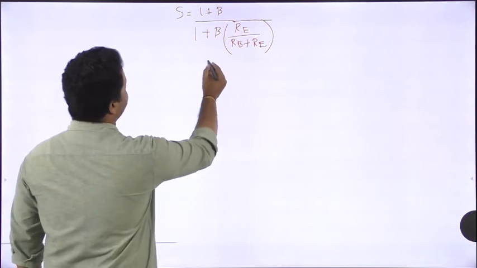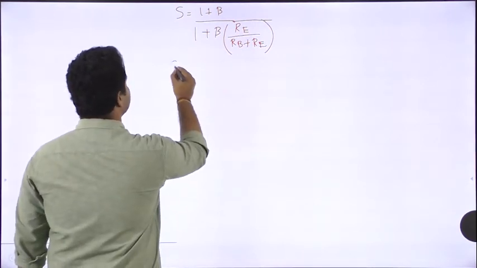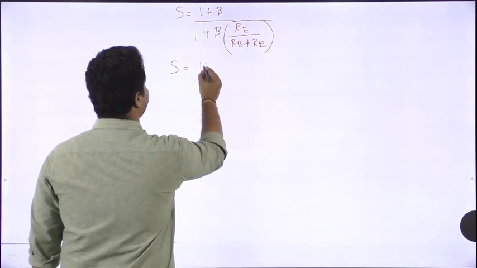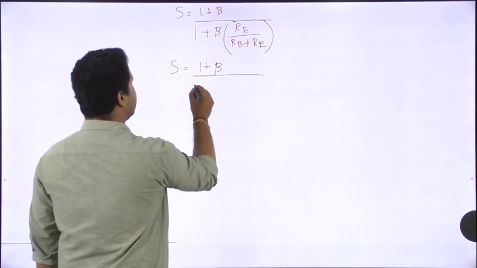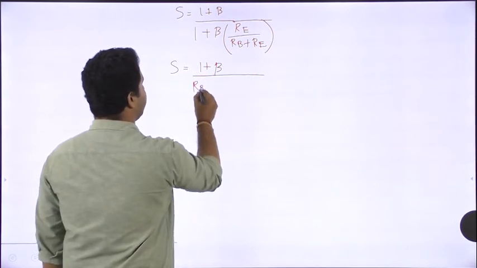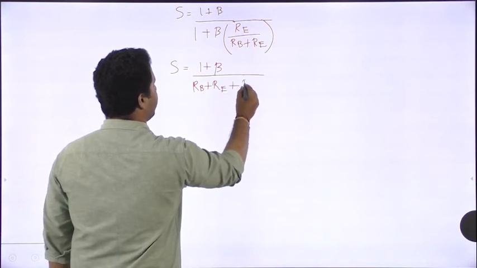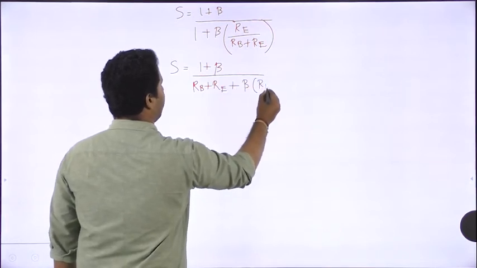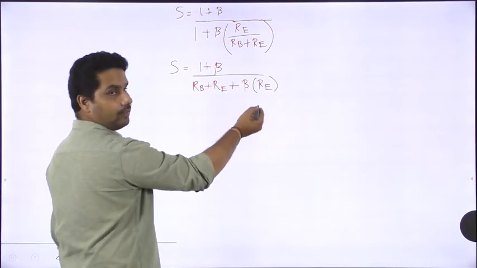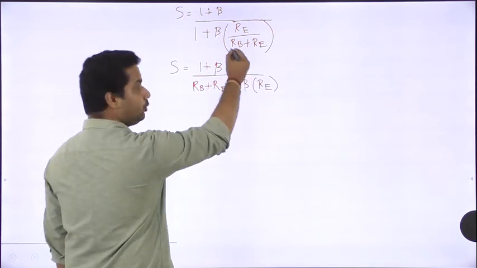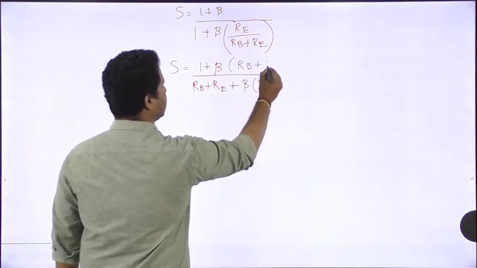So I will be doing some small simplification to this particular stability factor equation. So S will be equal to 1 plus beta into, cross multiplying the denominator, so it will be RB plus RE plus beta into RE divided by RB plus RE will come. I am taking that to the numerator. So it will be RB plus RE.